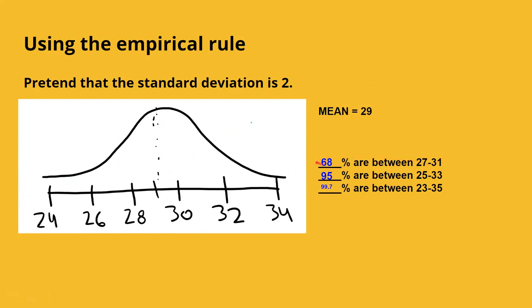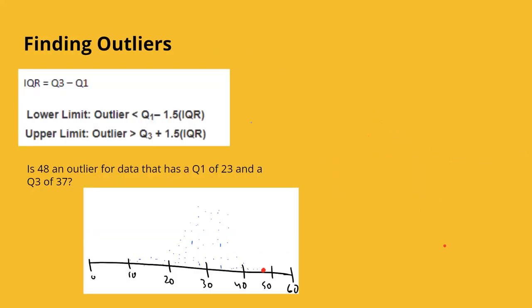So 68% of the data is within 27 and 31. 95%, so that's 1 standard deviation. 2 standard deviations would be 4. So 29 minus 4, 29 plus 4. 3 standard deviations: 2 times 3 is 6. 29 minus 6, 29 plus 6. So hopefully that makes sense.